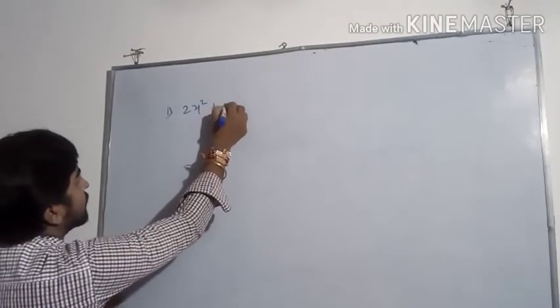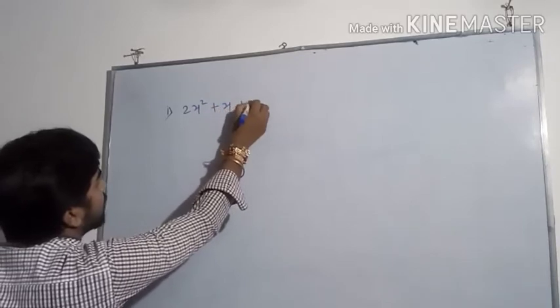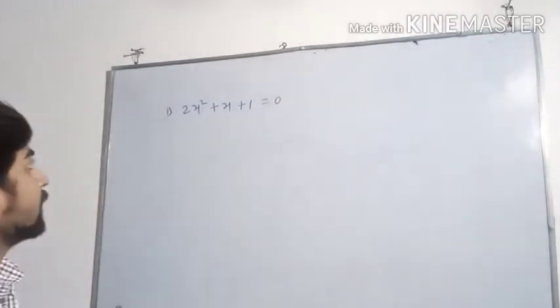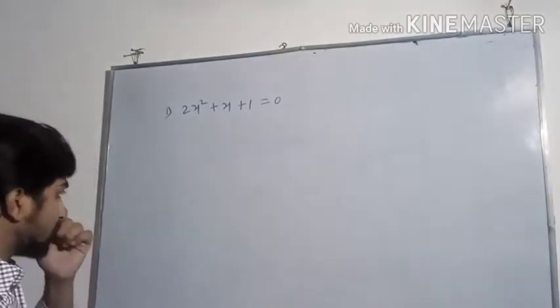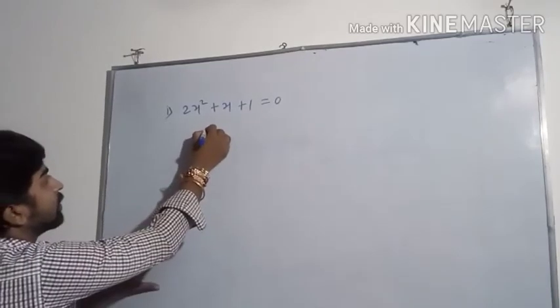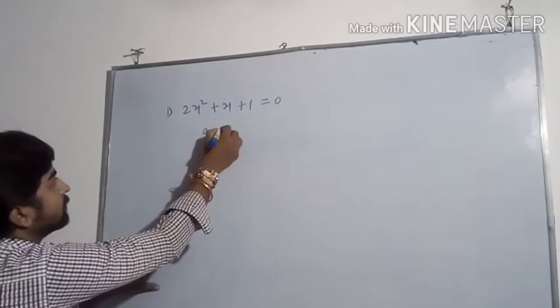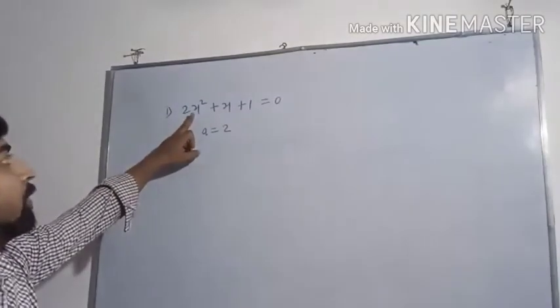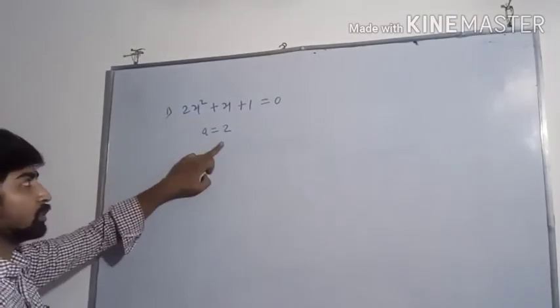Now we have one question: 2x squared plus x plus 1 equals 0. Here in this question the coefficients are 2, 1 and 1. A is the multiple of x squared, that is 2.